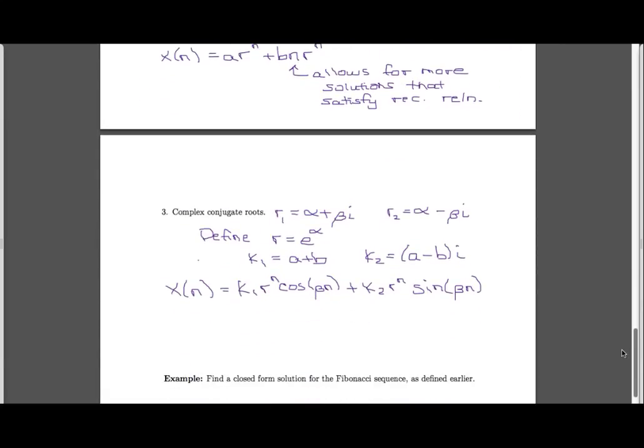Here you've got exponential times something sinusoidal in each piece, and so that causes either growing oscillations, decaying oscillations, or perfect oscillations depending on the values of alpha and beta. These solution types are pretty interesting. You can think about why that is the case just based on the setup of this general solution.